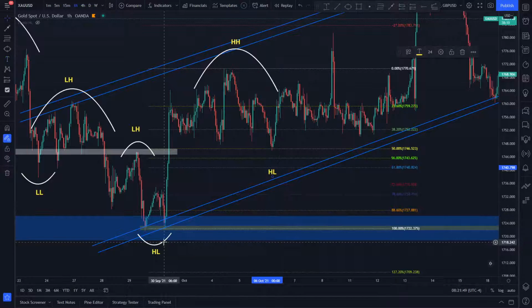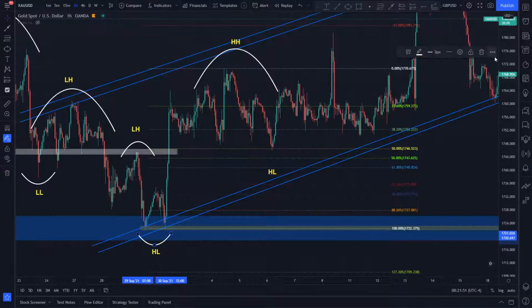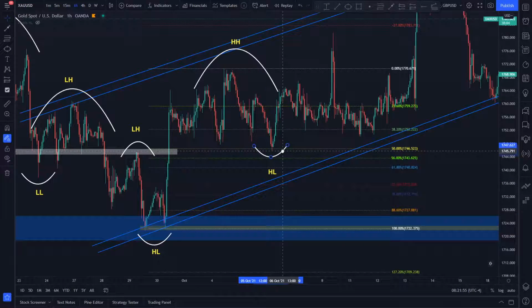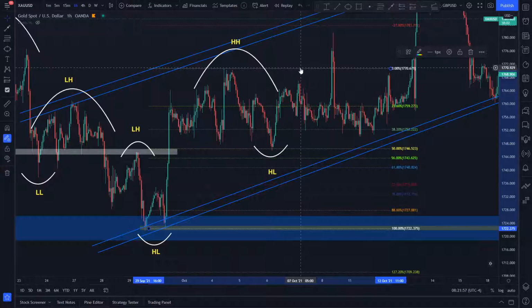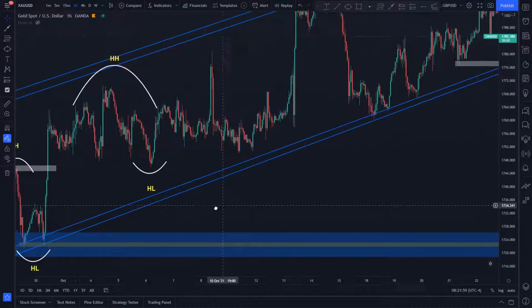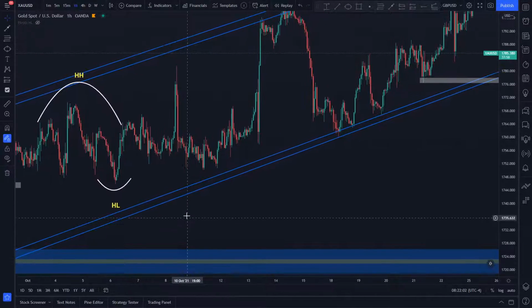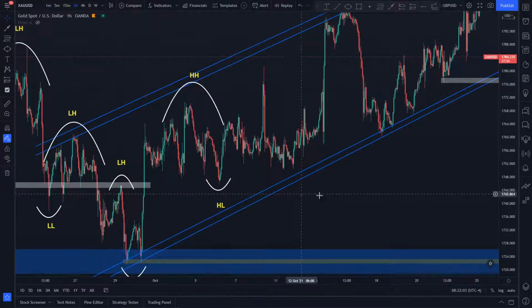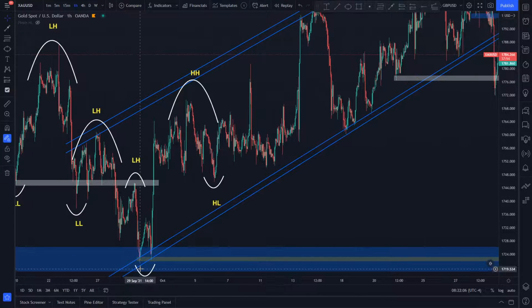And now we know exactly how we want to draw out fibs. You want to take this process step by step: the high low, higher high, high low.